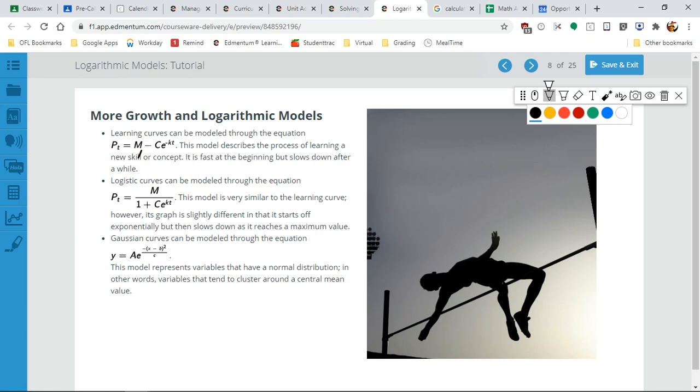In this case, they're learning how to do the high jump. At first, you're probably going to be really bad at the high jump. You're not going to be able to go that far. But after a while, you start practicing, and you're getting really good at this. And then after a certain point, you're not getting that much better.